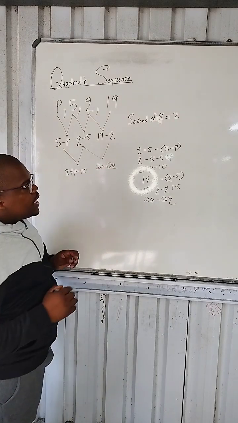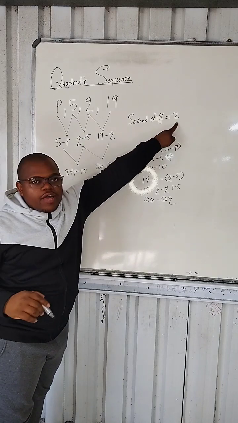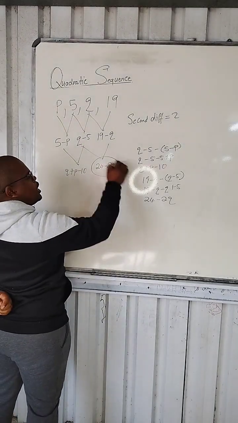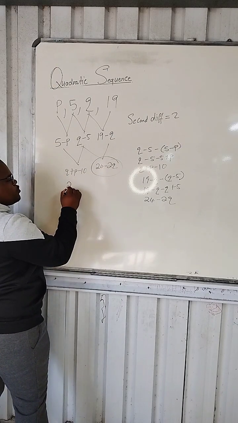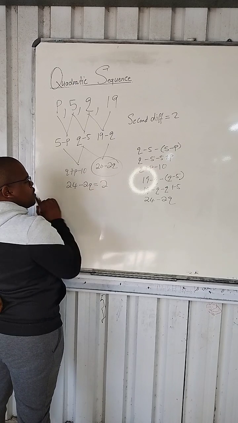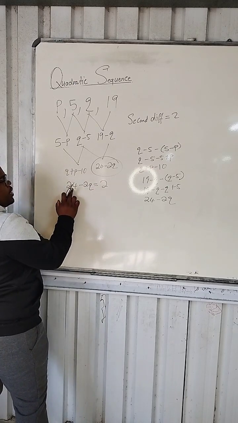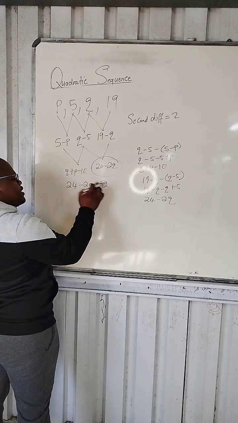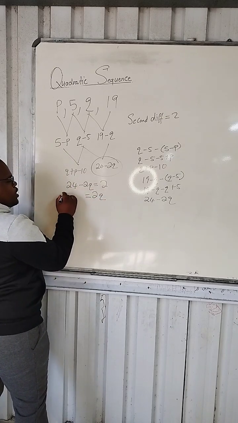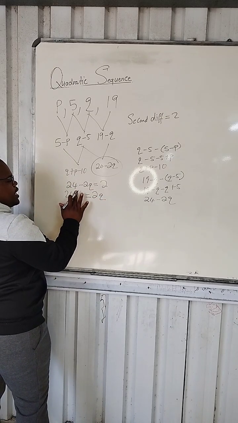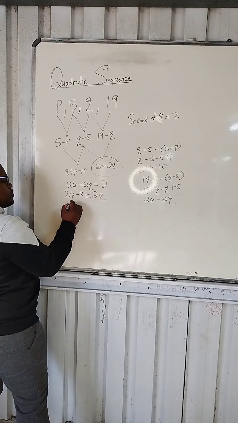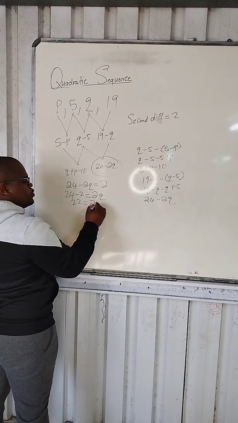That's what we are having. But the second difference we have already, which should be 2. So we take this one and equate it to 2. So we have 24 minus 2Q is equal to 2. Then we take this to the other side, 2Q is equal to 24 minus 2. So we know that this will be 22 is equal to 2Q.